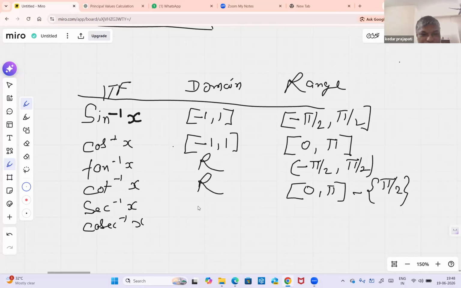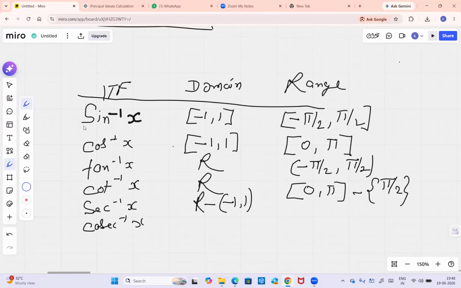Sec inverse x domain is all real numbers and it is not defined from -1 to 1. These three things we did not learn, we'll be learning in the next class, because the whole class will be taken by the graph itself, so I don't want to go there.